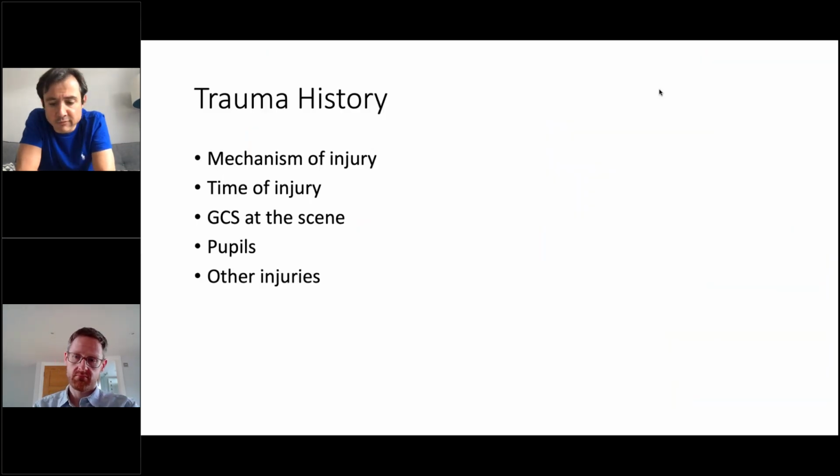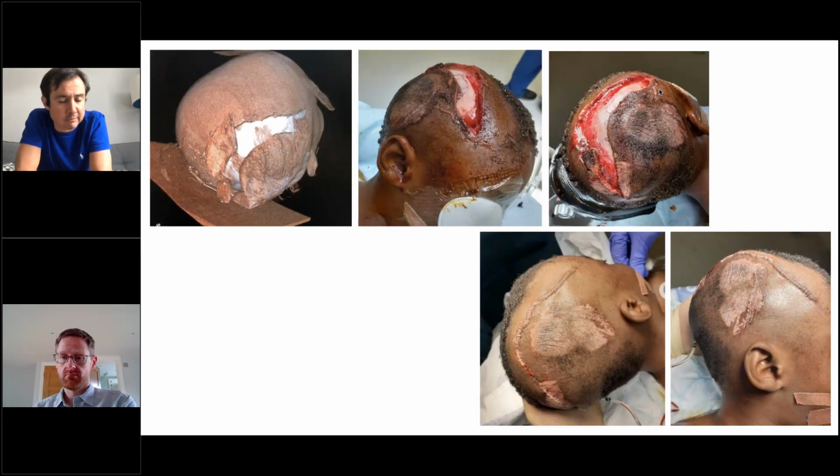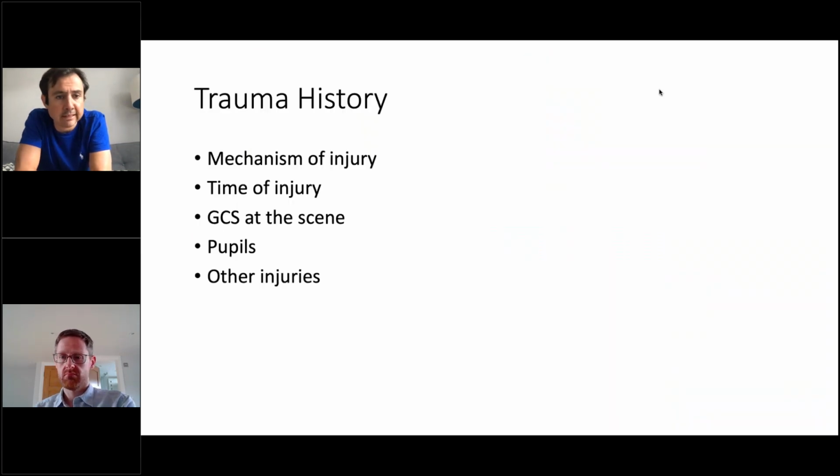So I've only included those 2 traumas for the moment. With the trauma history, when you're speaking to the neurosurgeon, think about the mechanism of injury. Obviously, that's key. The time of the injury, the GCS at the scene, the pupil signs, and any other injuries are really key in prioritizing what surgery you do first.